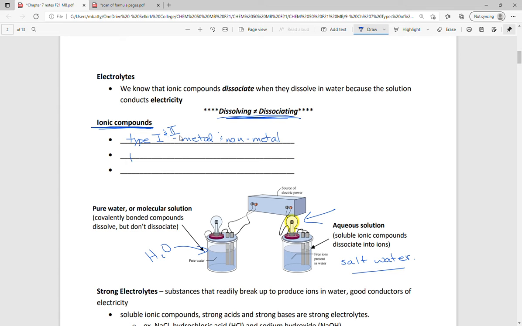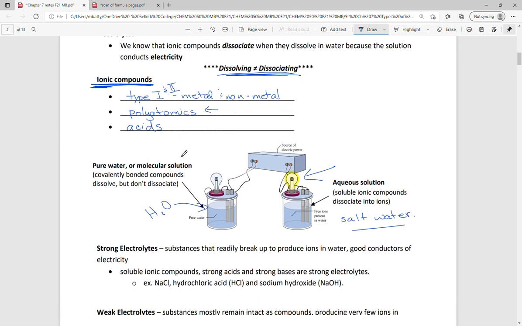We could have polyatomics, because all polyatomics are going to be ionically bonded. And the third kind of ionic compound that we really have focused on would be acids. Bases factor into the polyatomics. Acids.